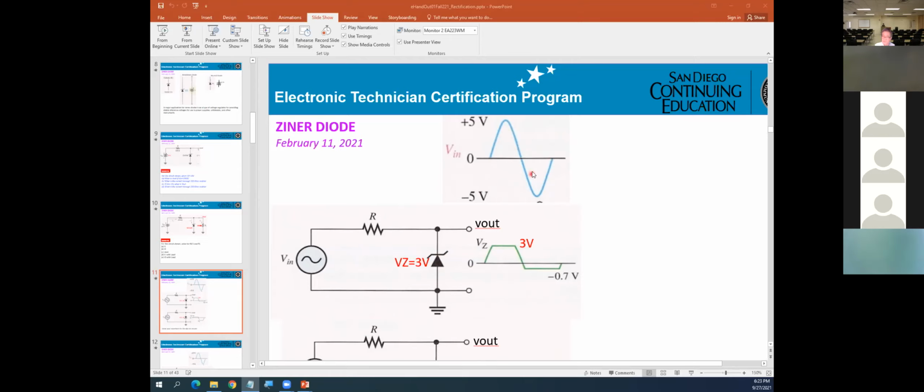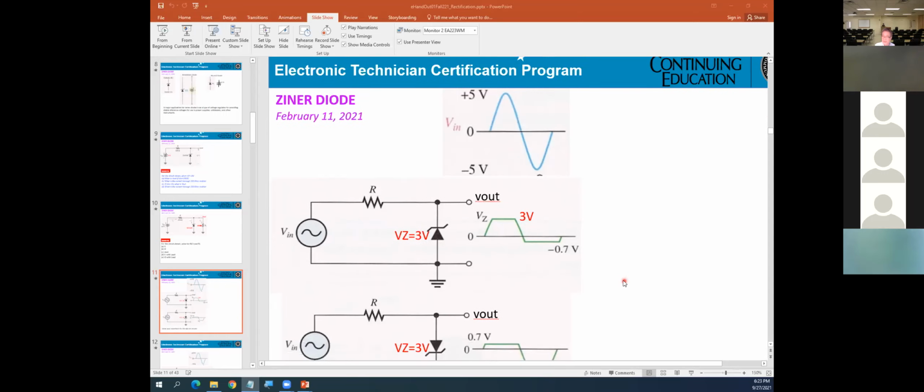However, when you go to the negative cycle, that means you get minus 5 volt right here, and the other side will be dropped, just working like normal. And the voltage V out will be equal to minus 0.7 volt.